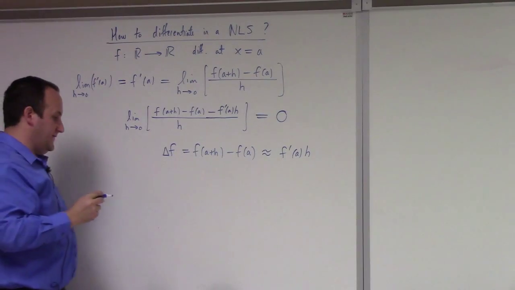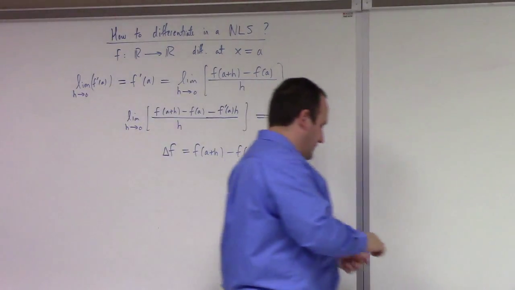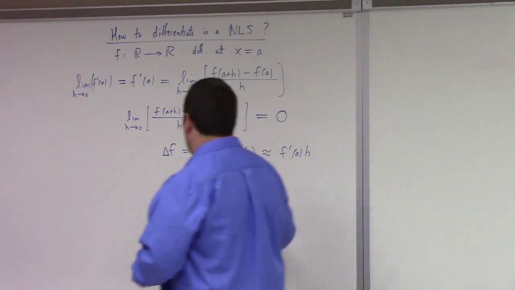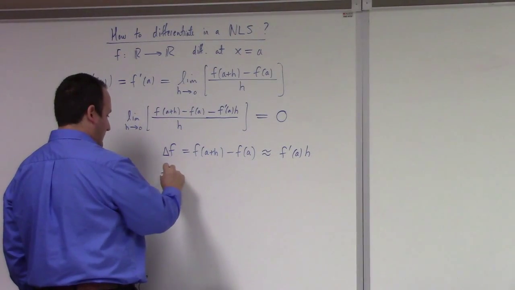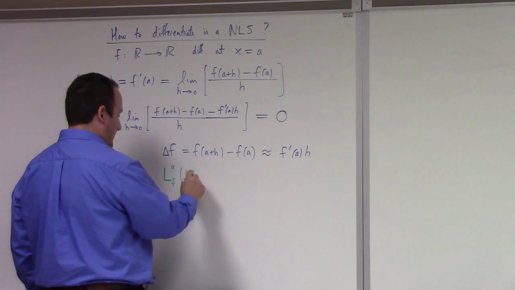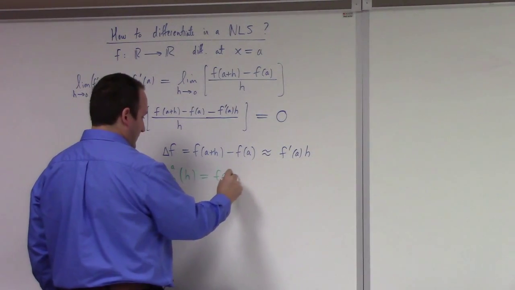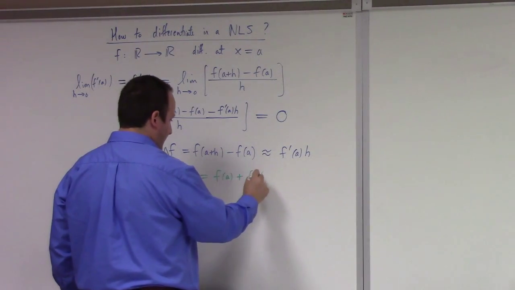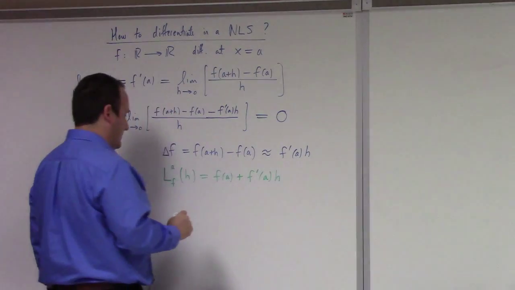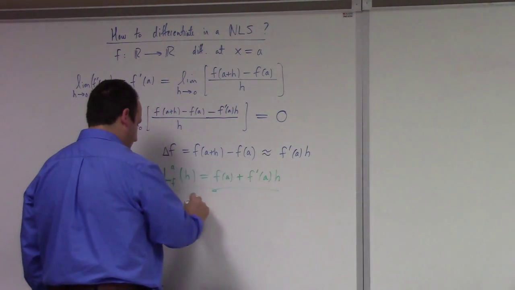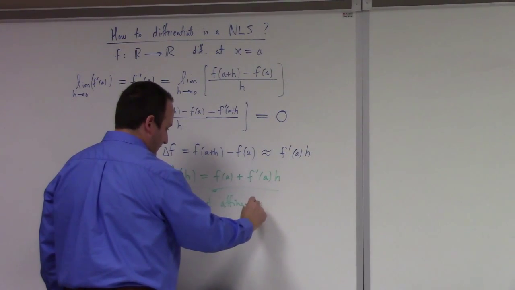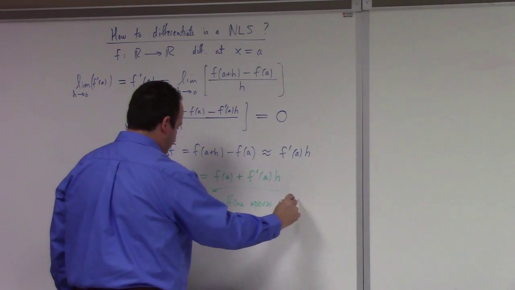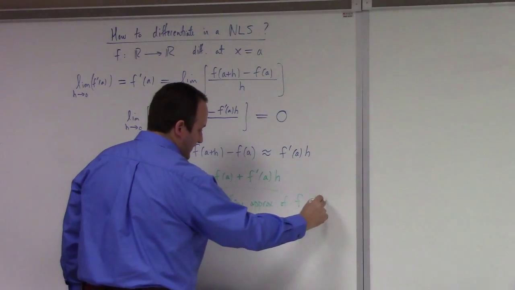Or if you like, you could define the so-called linearization of f centered at a, at h, which would be equal to f of a plus f prime of a times h. So this is the best affine approximation of f at x equals a.